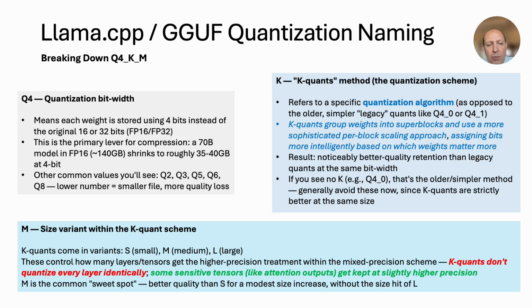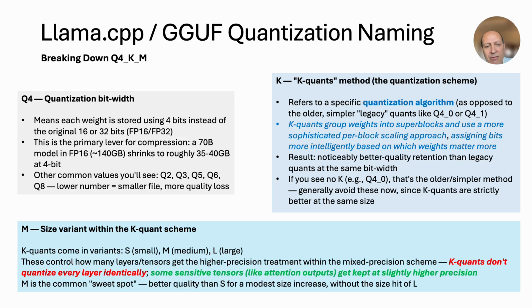So Q stands for quantization bit width, meaning each weight or each real number is stored using 4 bits instead of the original 16 or 32 bits as FP16 or FP32.